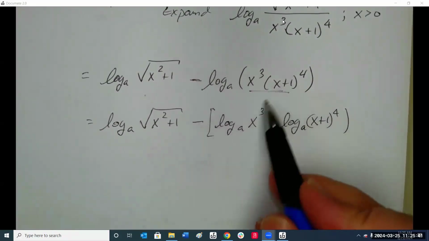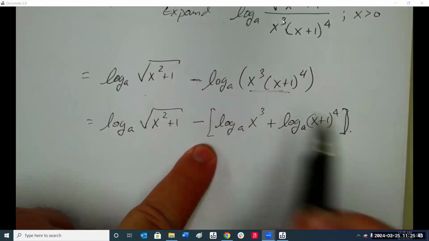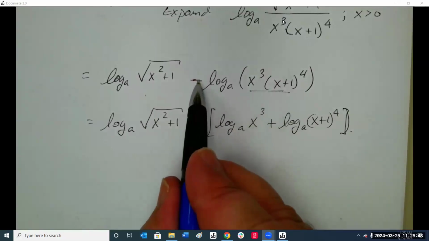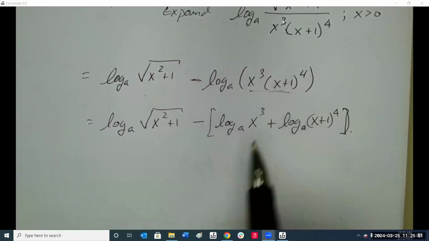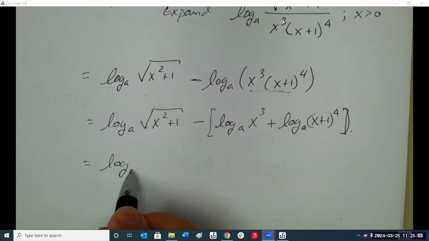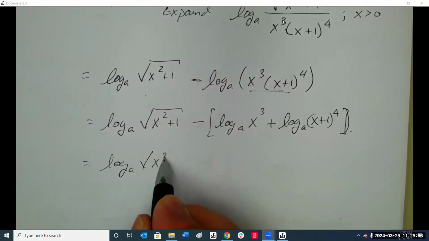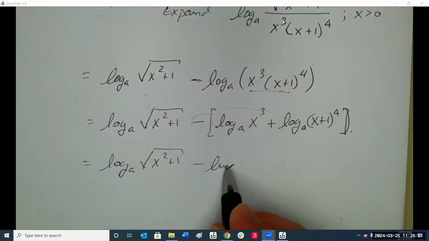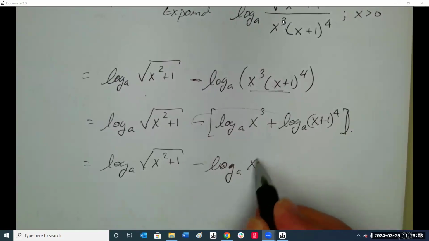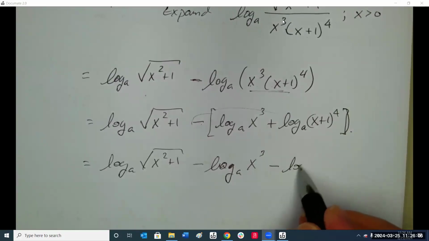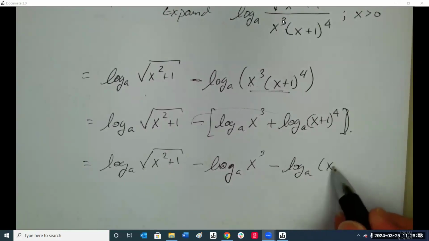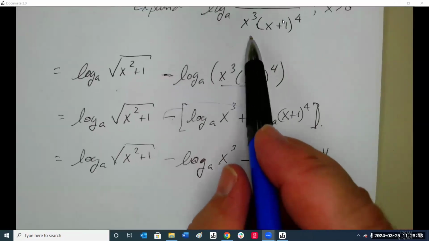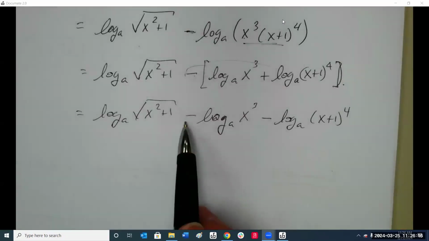Remember, that minus sign, when I expand this, is still out in front, because this minus sign goes to both of those. So I distribute, I get minus log base a of x cubed minus log base a of x plus 1 to the fourth. Again, both of these are on the bottom, so they have to have a minus in front of them.